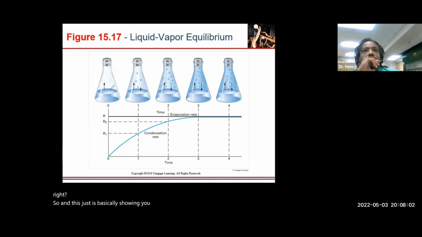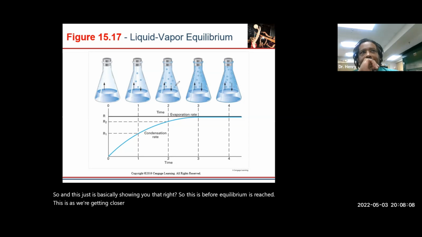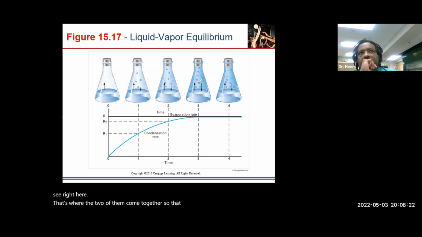So this is before equilibrium is reached. This is as we're getting closer to reaching equilibrium. This is the point where equilibrium is essentially reached, right? And you see right here, that's where the two of them come together. So the rate of evaporation and condensation is going to be exactly the same.